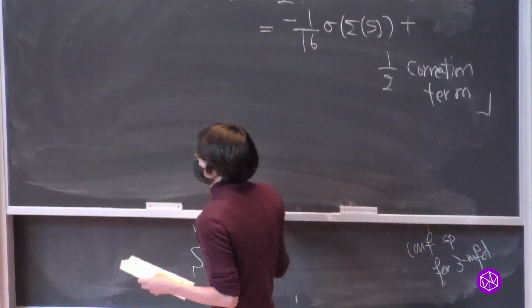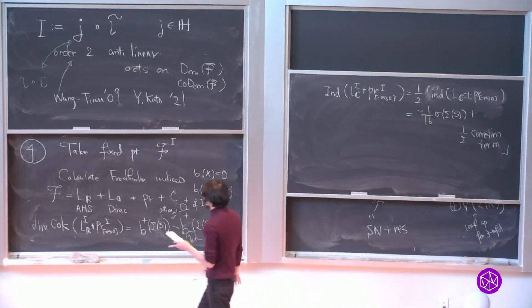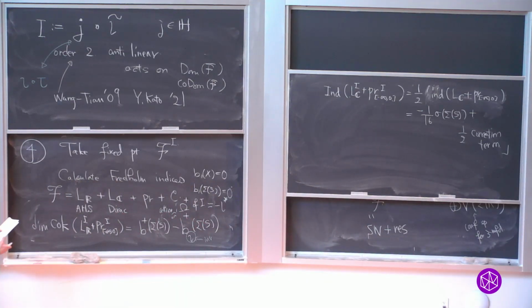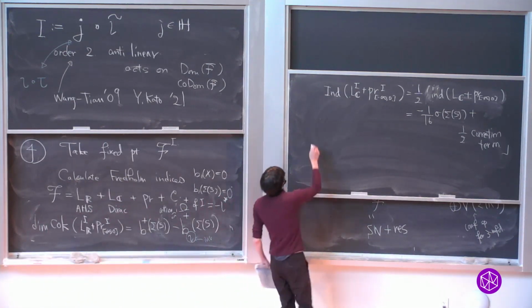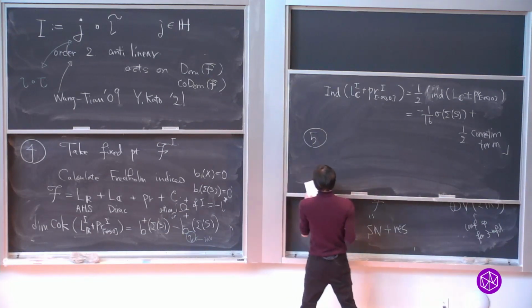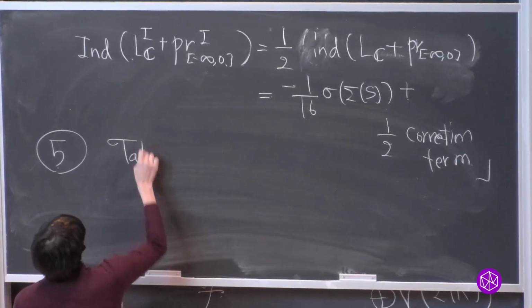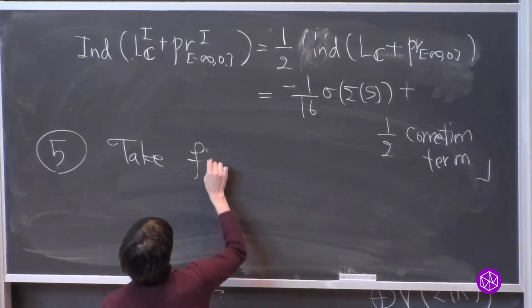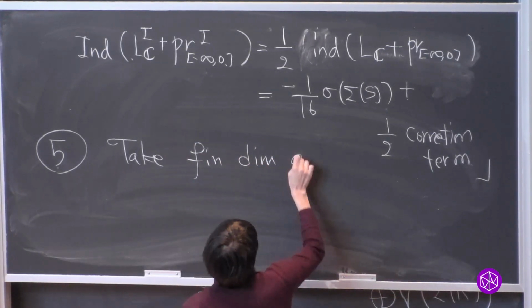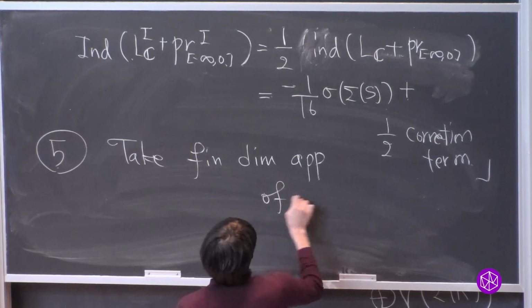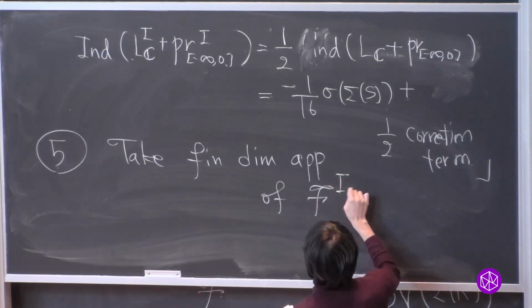Okay, so this is the fourth step. We just calculate the Fredholm indices. And in the fifth step, we do the finite dimensional approximation of this nonlinear map.